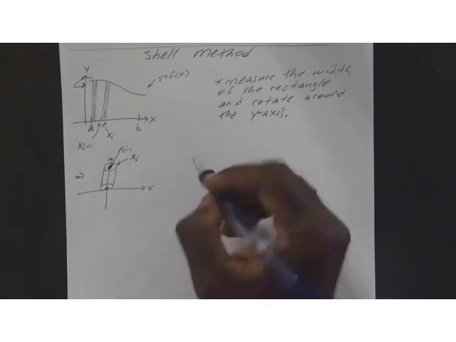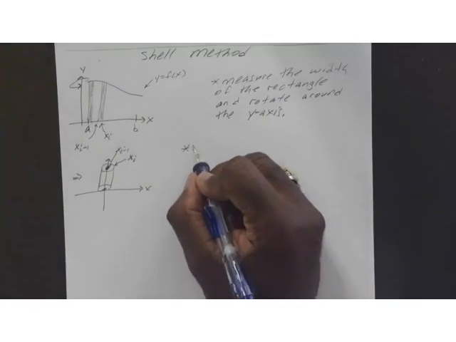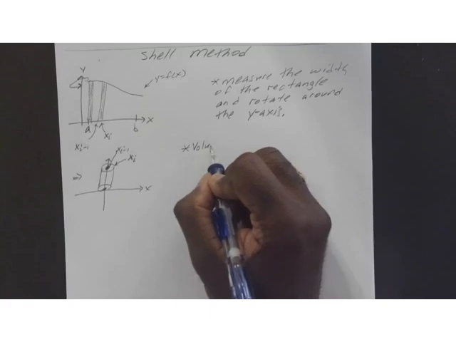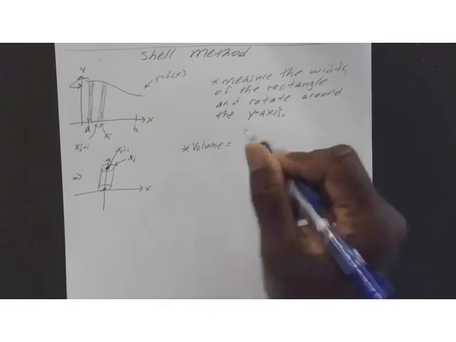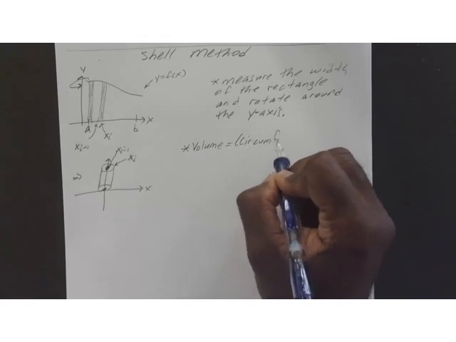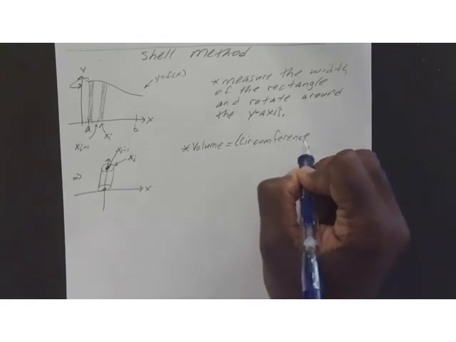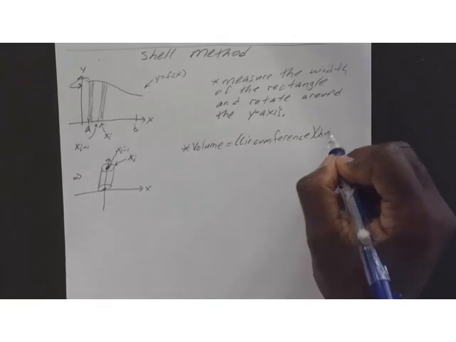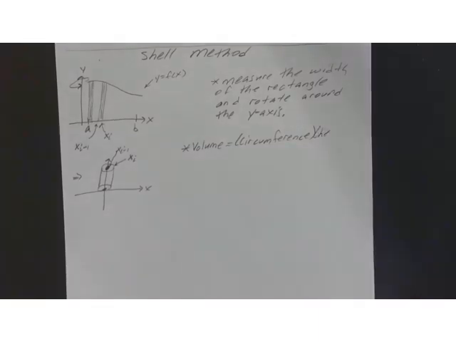So from here, all we're going to do is piggyback on the fact that we know that the volume is equal to the circumference times the height. Didn't have enough room. I knew that when I first started writing.